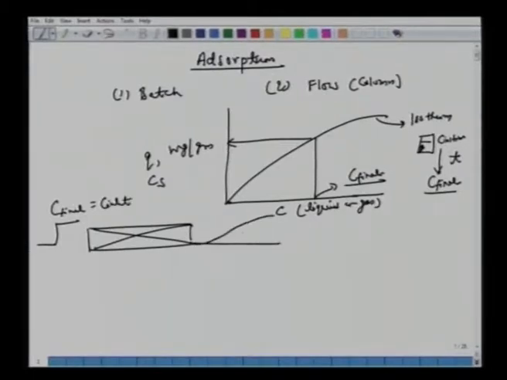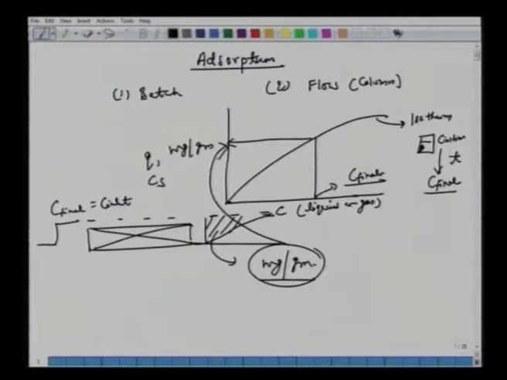We have this curve response. When the bed is saturated, this level is the same as this level. Right now the bed is saturated, so the two levels meet. Then we find the area above this curve and we calculate milligram per gram. This data must be the same as what we obtain here. So that's the meaning of this equilibrium.